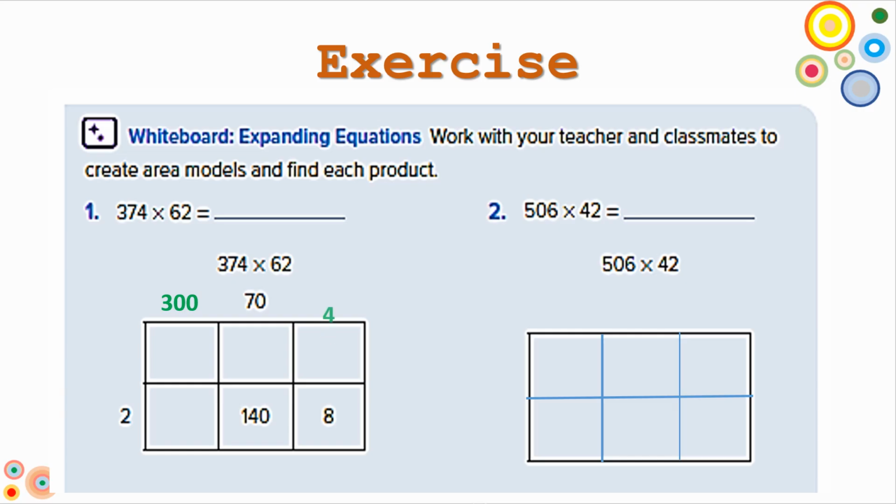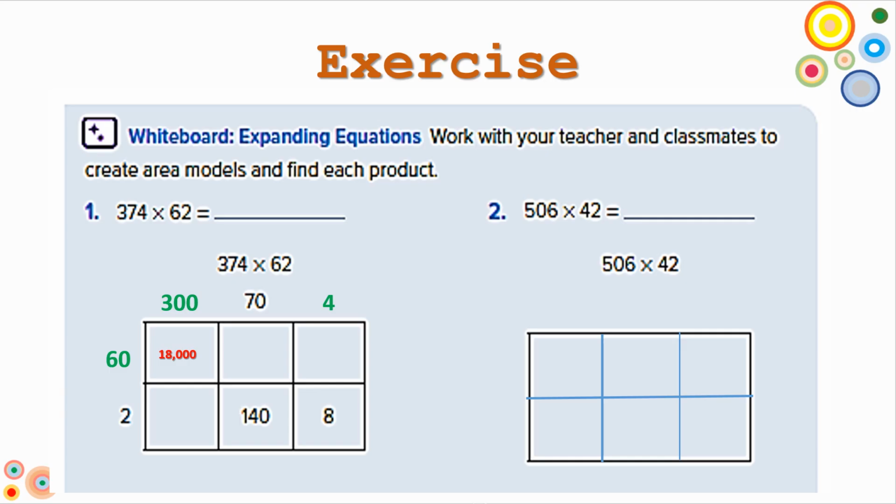Okay. Try to decompose 62. Yes, it will be 60 and 2. Then multiply each other. 300 times 60. Drop all the zeros from powers of 10. Drop 3 zeros and ask yourself, 3 by 6 will be? Yes, 18,000. Alright, 18 and 3 zeros.